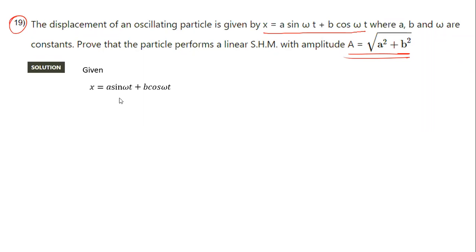So x is equal to a sin omega t plus b cos omega t. The same equation we can write as a sin omega t plus 0, and this cos we have written in terms of sine, so sin of omega t plus 90. You know that sin of omega t plus 90 is cos omega t.